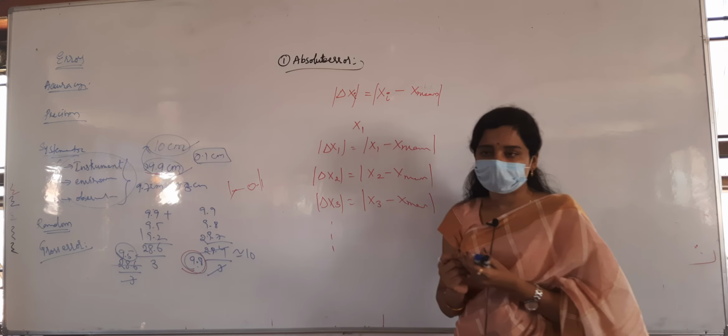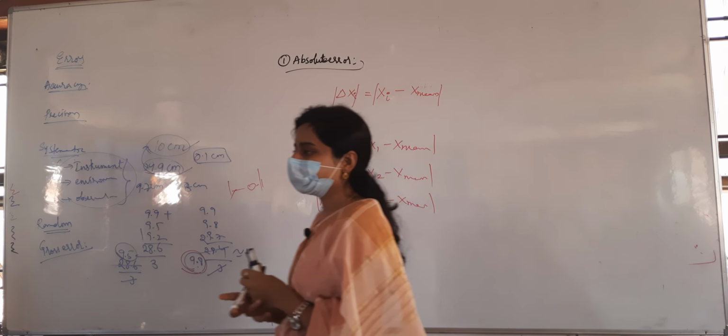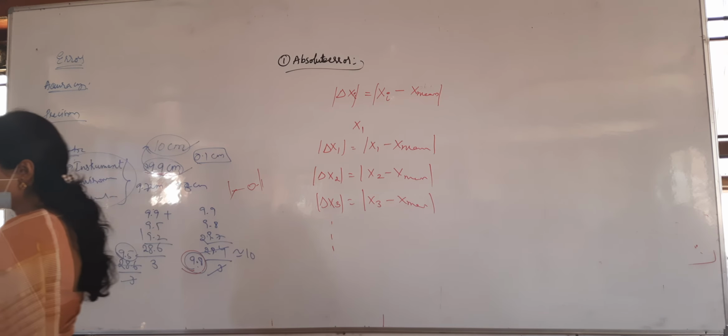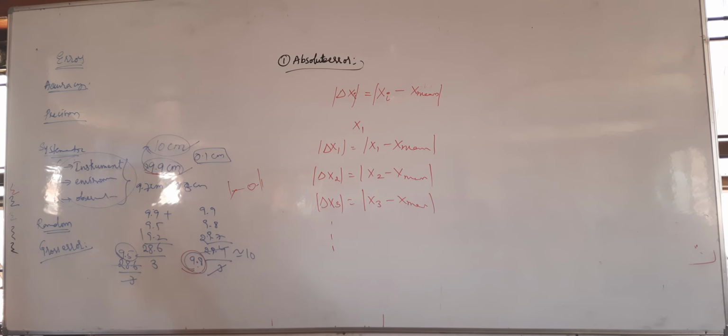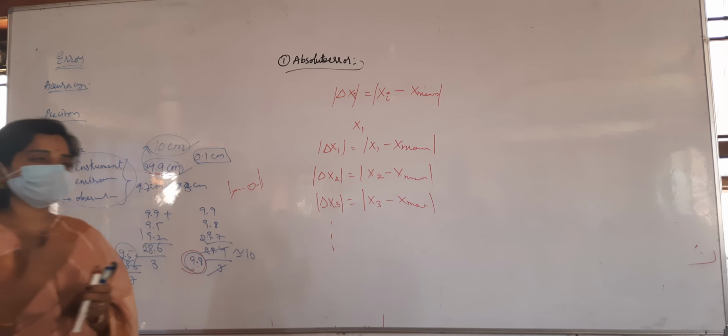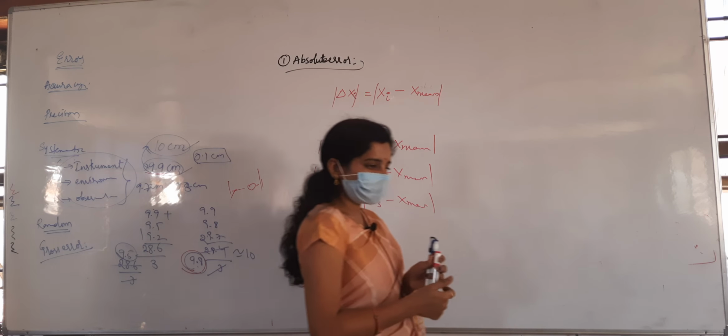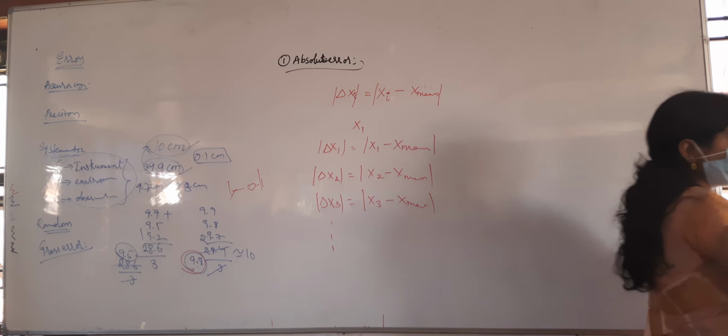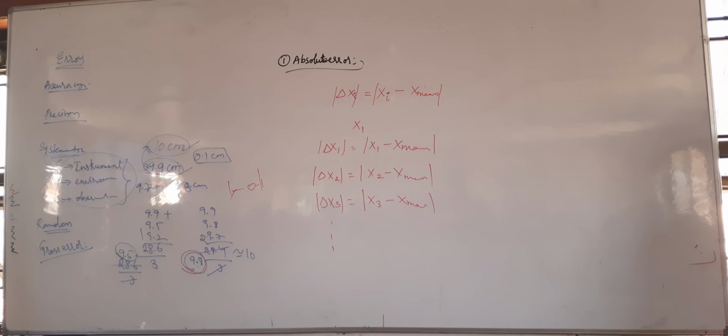Right, that absolute error delta x is the difference between the mean value and observed value. Write that formula.